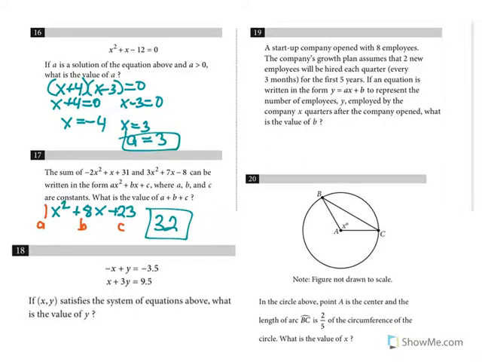If (x, y) satisfies the system of equations above, what is the value of y? All right, so real simple here. Since x has the same coefficient, 1, in both cases, and the signs are different, like I said a little while ago, same sign subtract, different signs add. So when we add these two equations together, the x's sum to 0, they are eliminated.